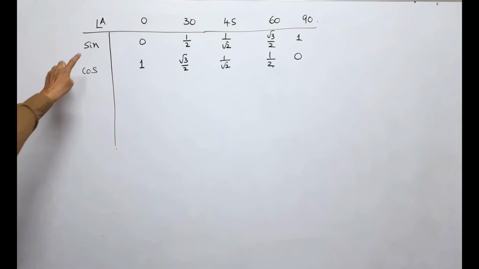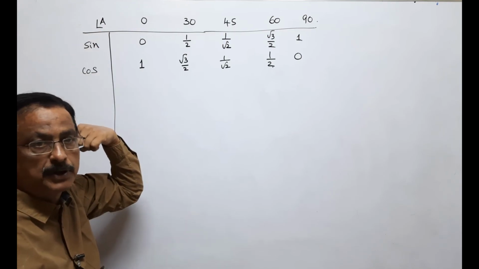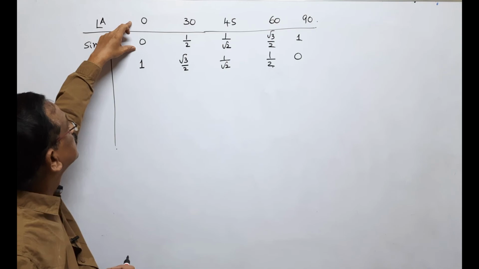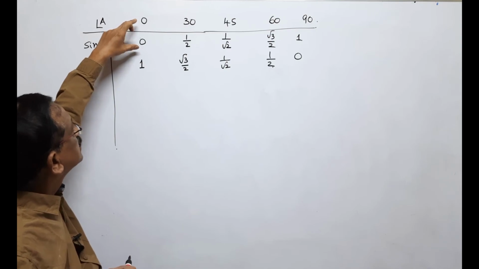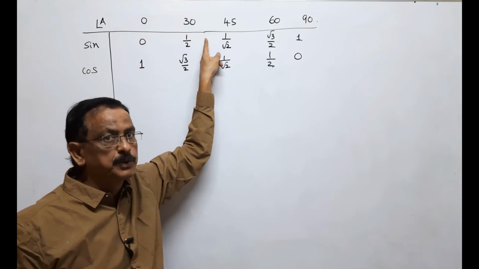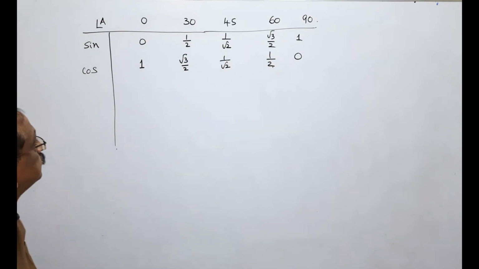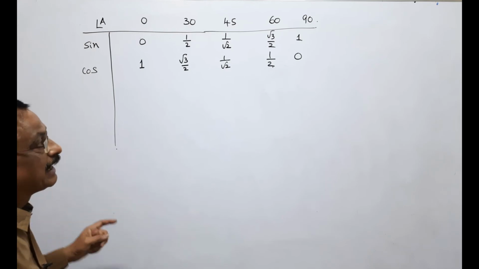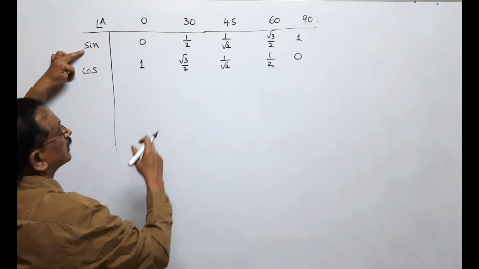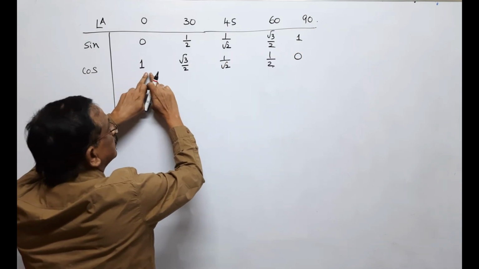For example, what is sin A? Sin A is opposite side by hypotenuse. So in the previous cases, you have done that sin 0 is 0, sin 30 is half, sin 45 is 1 by root 2, sin 60 is root 3 by 2, sin 90 is 1. Now reverse it for cos. Cos 0 is 1.